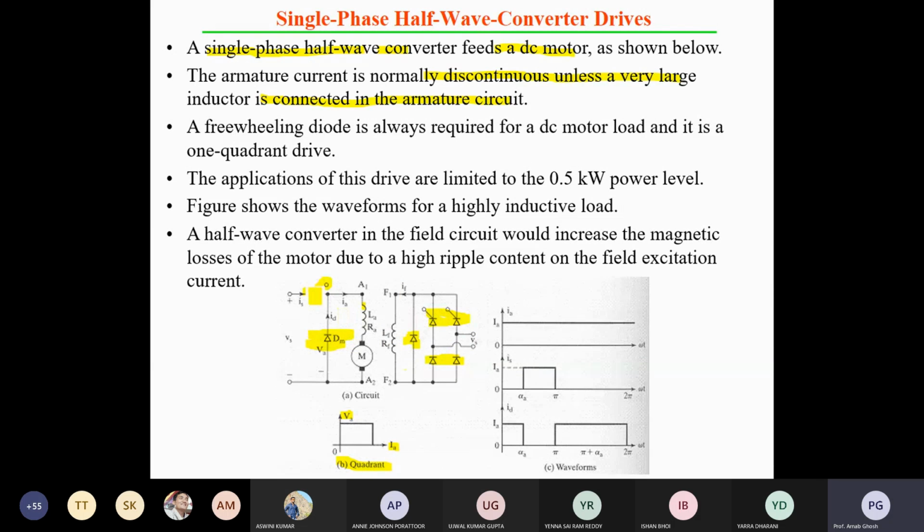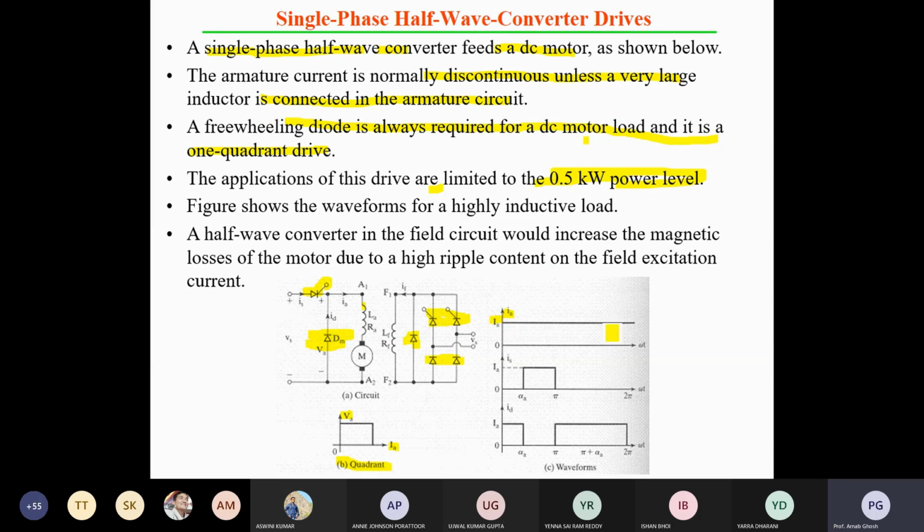The applications of these DC drives are limited to a maximum of 0.5 kilowatt power level. You know the characteristics: IA equals the fixed supply voltage divided by the resistance. The alpha value can vary from 0 to 180 degrees, up to pi, so you are changing the firing pulse.